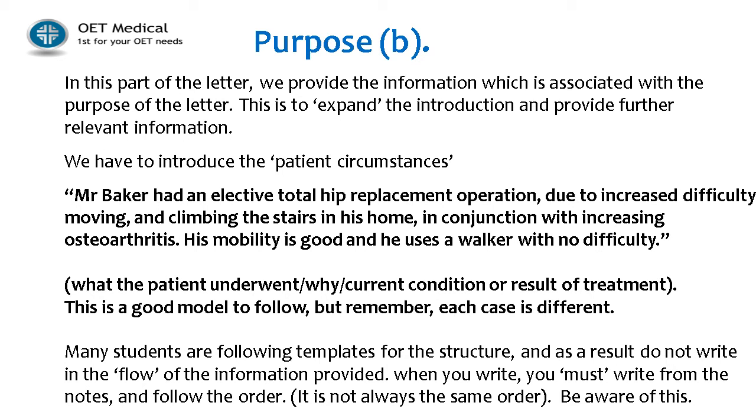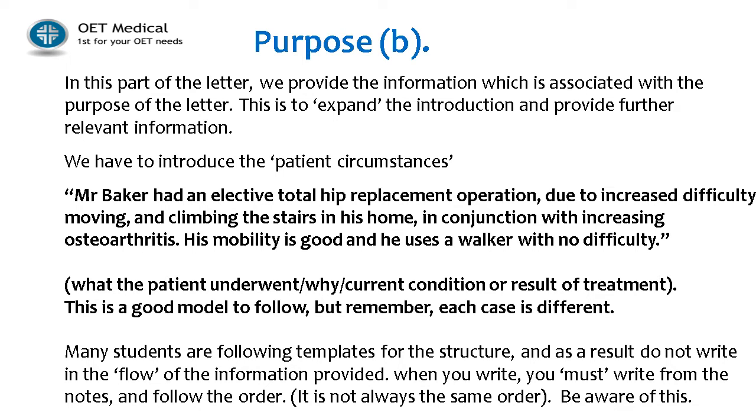So the second part, purpose, part B. In this part of the letter, we provide the information which is associated with the purpose of the letter. This is to expand the information and provide further relevant information. We have to introduce the patient's circumstances.